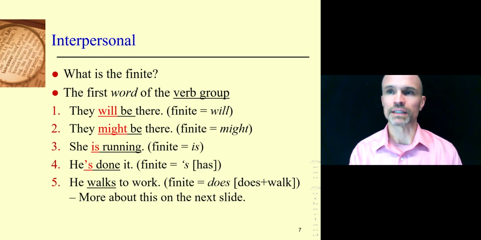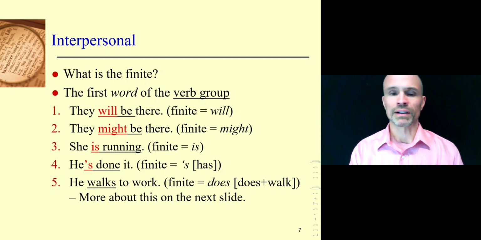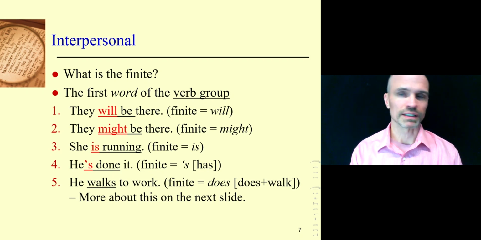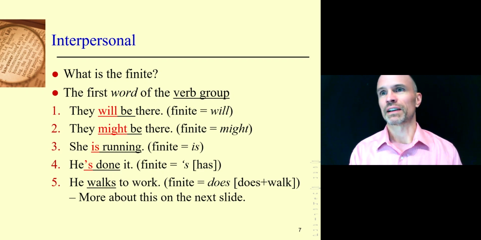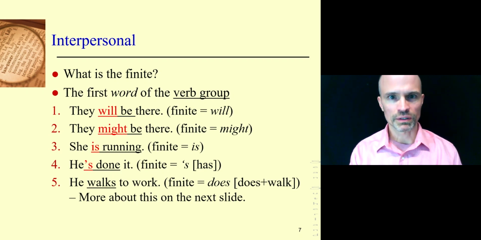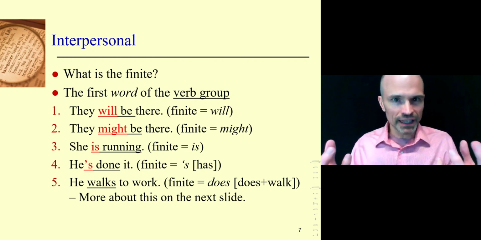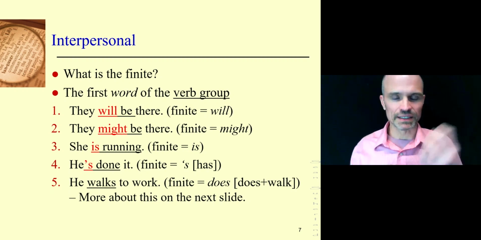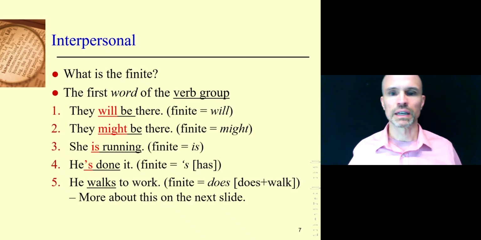You wanted to emphasize it. But you haven't changed anything in terms of the polarity. It's still positive, right? It's he walks, not he doesn't walk. You haven't changed the tense, it's still present. You haven't changed the aspect, it's still simple, right? When you see a one-word verb like walks, imagine that it can be opened up or unpacked into does walk. The finite, therefore, is the first of those two, does. Stick with me. You'll see why this matters soon.